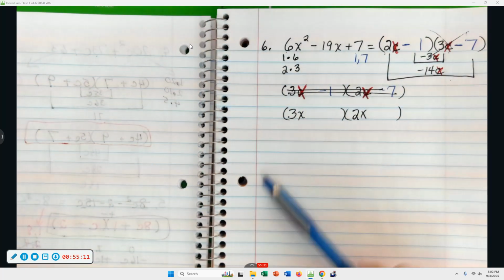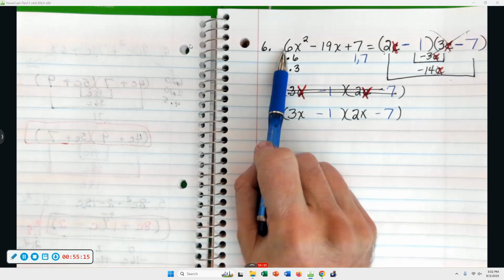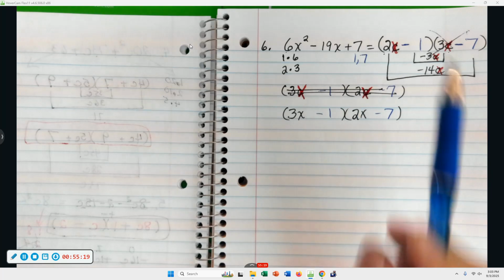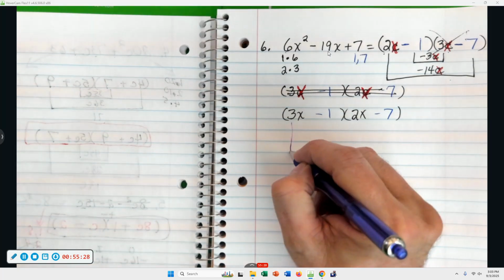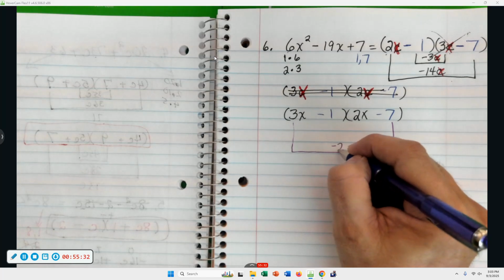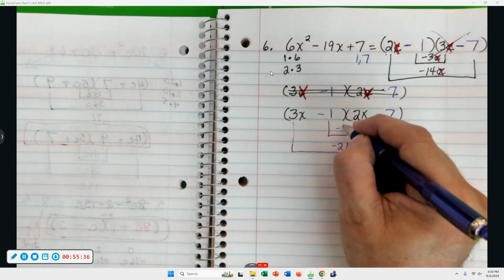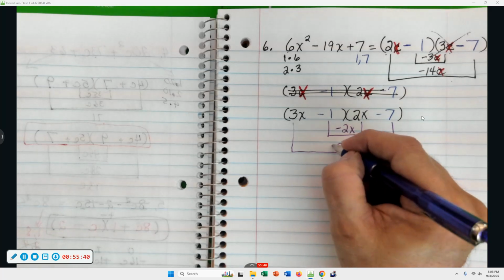Y'all decide, FOIL this out. Will this work? It'll sure give me the 6x squared and the positive 7, right? But when I say, will this work, what am I asking? Oh, for a second, I thought it was going to work. No. Look at this. We're getting a negative 21x and a negative 2x. Remember, because that last sign is a plus, you have to add them.